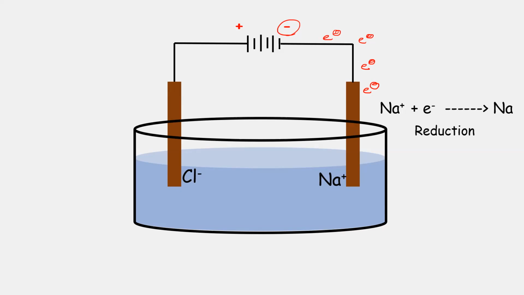Okay, fine, this is reduction. Then if we have Cl negative, then that would be, this will be what, Nazira? Oxidation or reduction? Nazira?